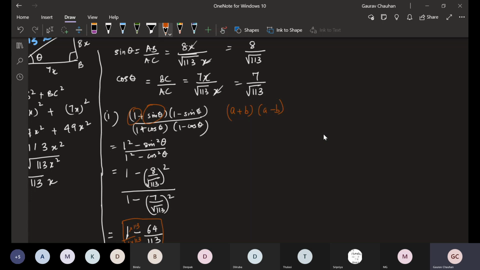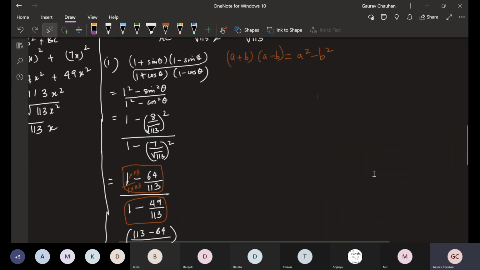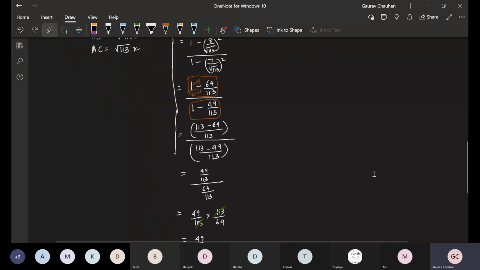In the denominator, again, a plus b, a minus b. So keeping that in mind, use the identity wherever applicable. This has made our problem so much easier: root 8 by root 113 and 7 by root 113 just became a square. You had to square it, and finally you got 113 here. That made our calculations much easier.